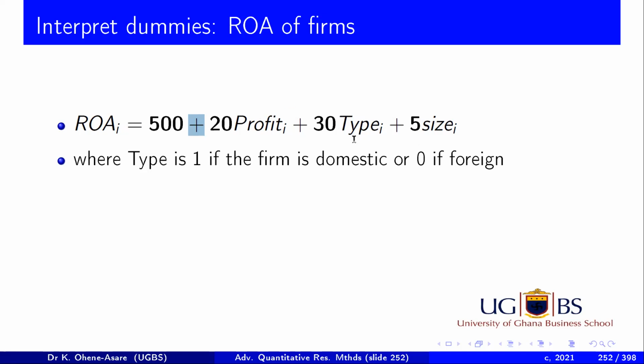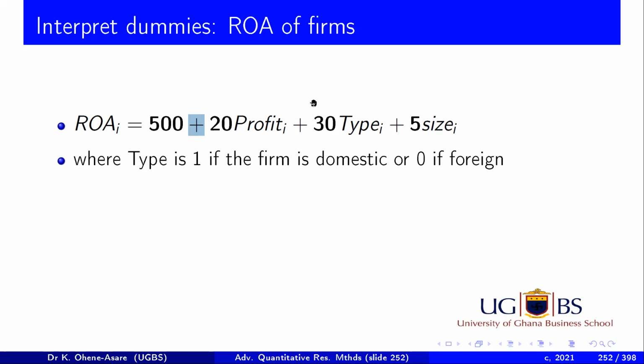So on average, given the profit and size of the company. In fact, when you're interpreting any one, you have to hold the others constant. So on average, given size and profit, return on asset is expected to be 30 units.